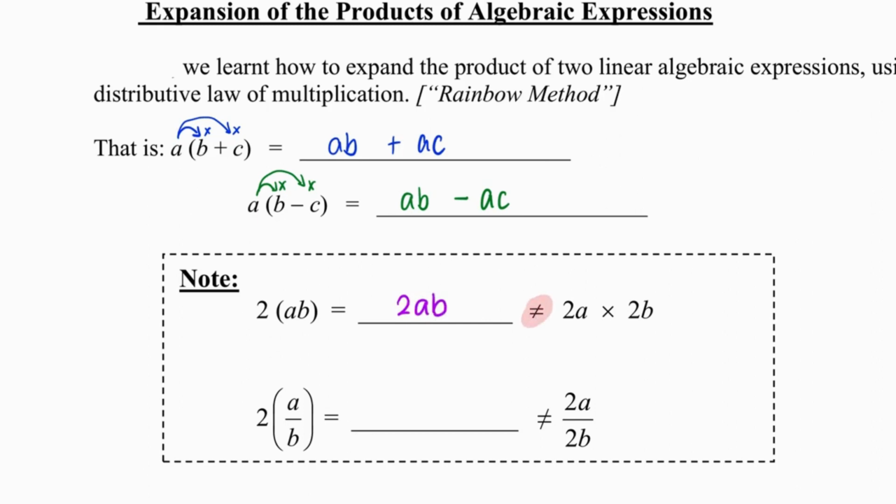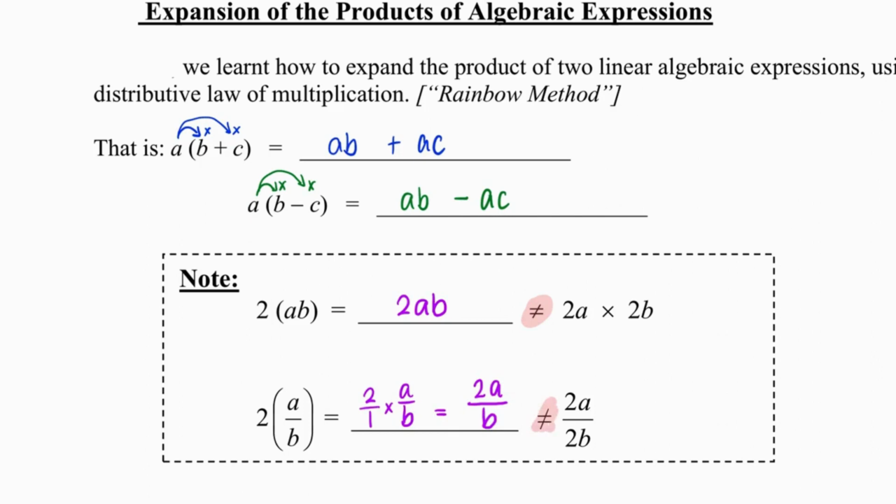Okay, this is important. 2 times A over B is equal to, this is important to take note, 2 over 1 times A over B, and therefore this will be equal to 2A over B. 1 times B is B. Okay, it does not equal 2A over 2B.